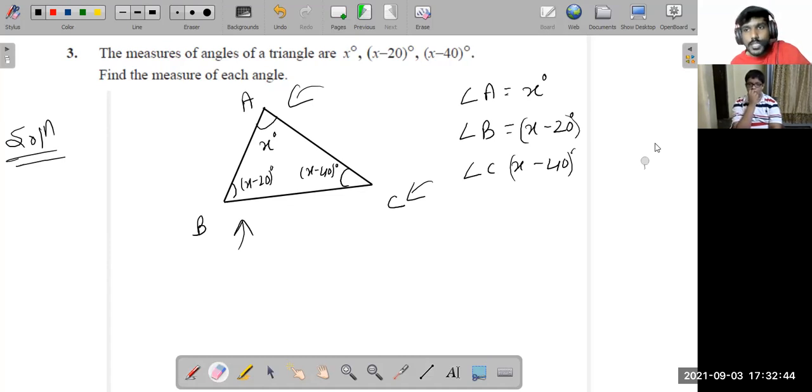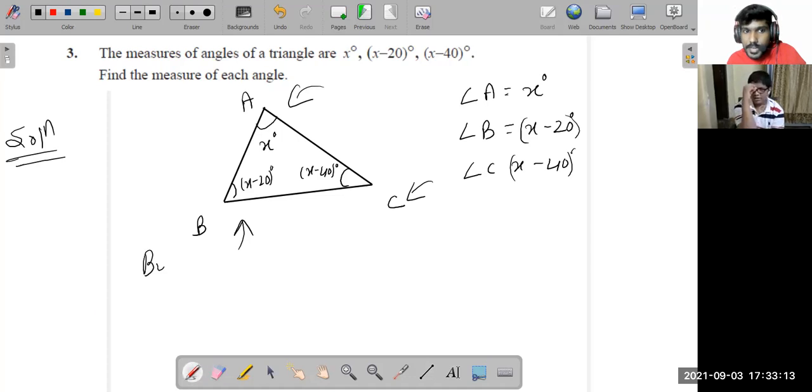Can you tell me how to do that? I don't know, sir. In the previous one, which property did we use? Angle sum property. What does the property say? If you add all angles in the triangle, that will be equal to 180 degrees. So use that here.